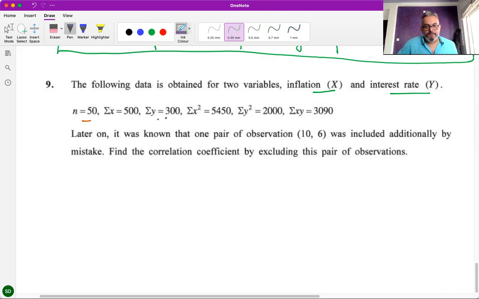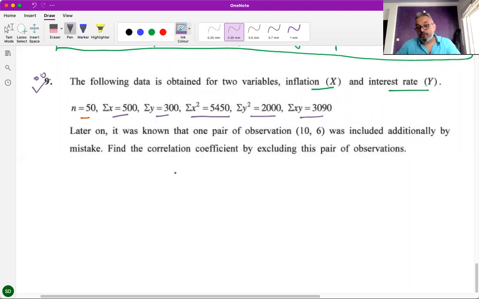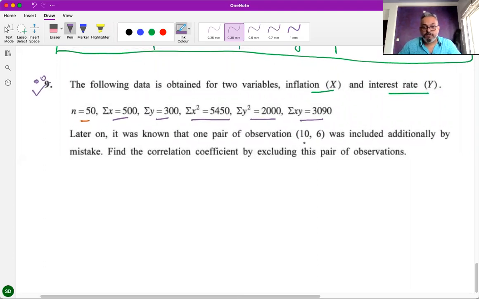Then sigma y is equal to 300. Sigma x square 5450. Sigma y square 2000. Sigma xy 3090. Later on, it was known that one pair of observation 10 and 6 was included additionally by mistake. Find correlation coefficient by excluding this pair of observation.